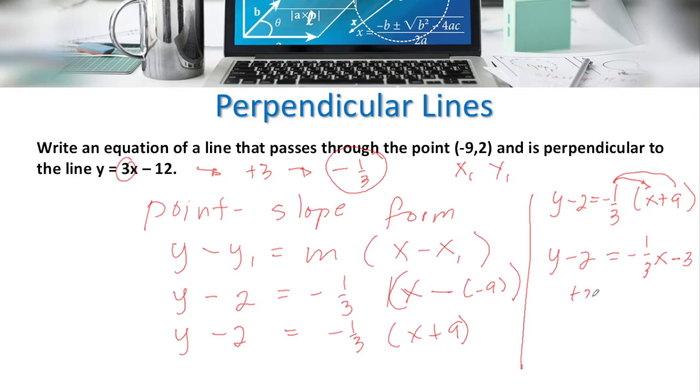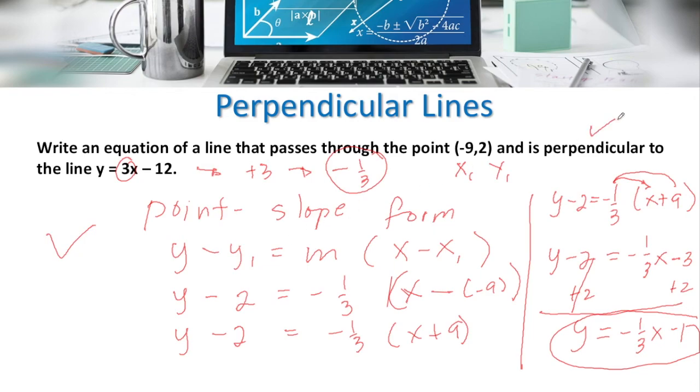And add 2 on both sides. So this is y equals negative 1/3 x minus 1. And the answer is still the same. Now, you will only do this if you are just asked to write the equation of a line perpendicular to, and you need to write your answer in slope-intercept form if you are asked to do so.